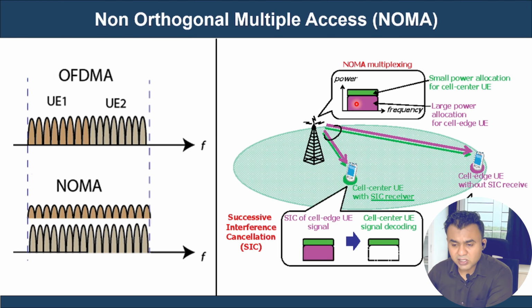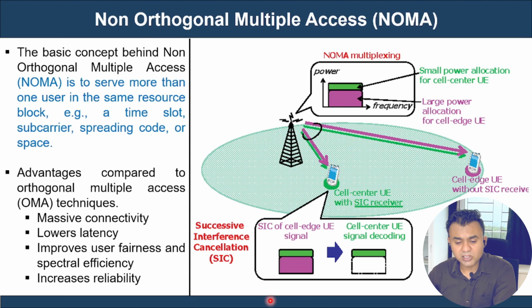Now at the receiver side, I'll explain that the successive interference cancellation method is used. Let's say here you can see the user which is located nearby, right? The green signal does the successive interference cancellation for this larger power, and it says, okay, this is my power and I will receive my signal.